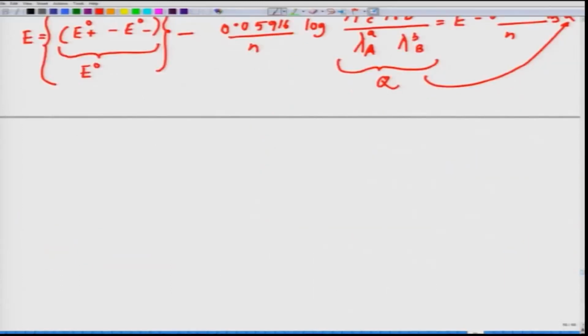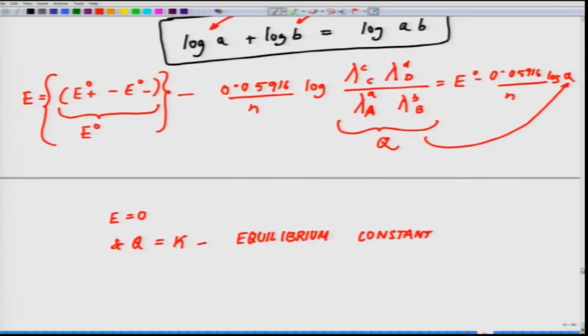Now, simplifying the equation. So, in a special case when E equals 0 and Q is equal to K, that is where you are trying to find the equilibrium constant, because mind it, these are different kinds of reactants which are involved in this whole process.